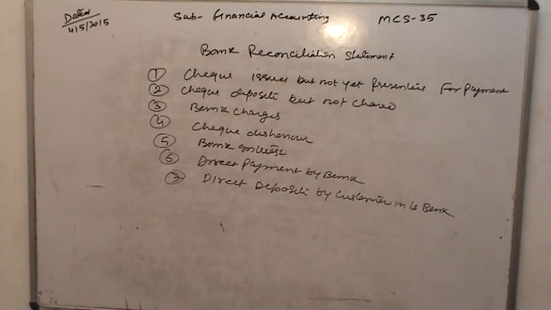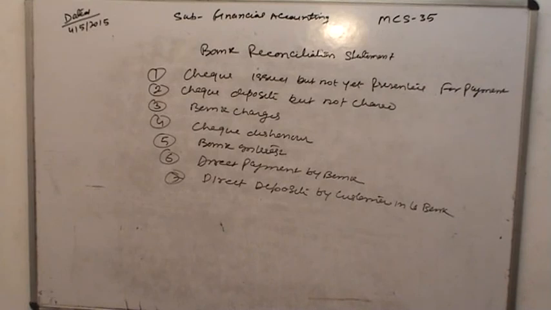Then direct payment by bank. Sometimes the organization authorizes the bank to make payments for continuous expenditures like insurance premium, and the bank makes the payment directly from the organization's account, but the balance of cash book is unaffected by this payment. So there is a difference between cash book and passbook on this transaction.